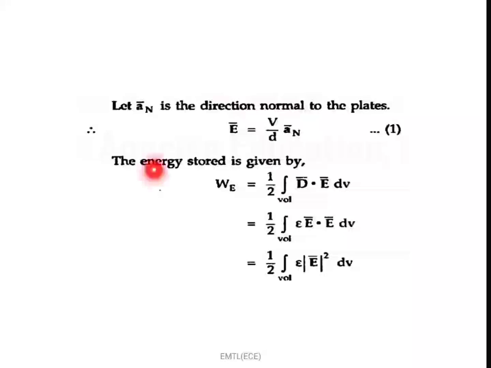Now the energy stored is expressed as WE. The units or the dimensional formula for energy and work is the same, joules. So in place of energy stored we can use W, work, also. The suffix indicates the energy. So the energy stored is expressed as WE is equal to 1 by 2 integral D bar dot E bar dV.